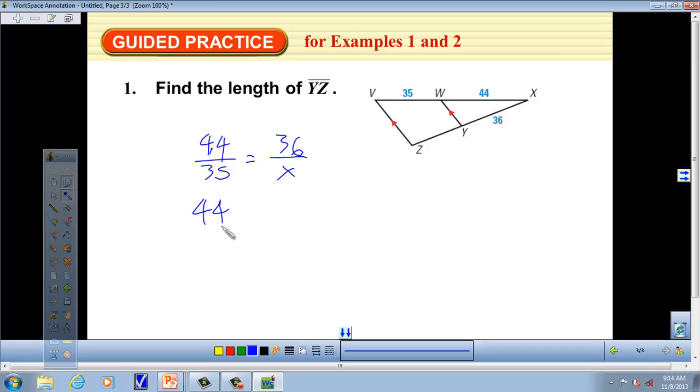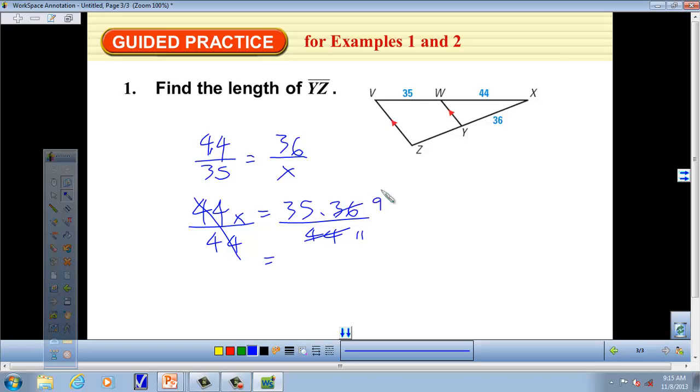We've got 44x is equal to 35 times 36. And divide both sides by 44. We know that both of these are divisible by 4, so that would make that 11 and make that 9. And I do need a calculator still.